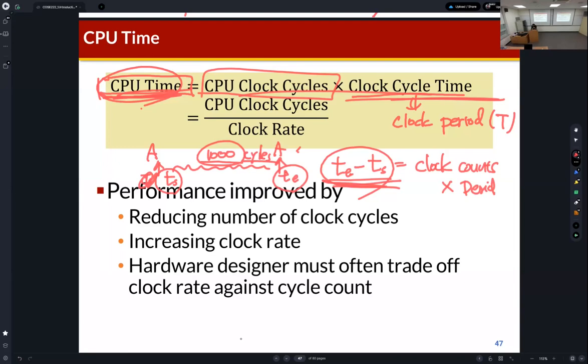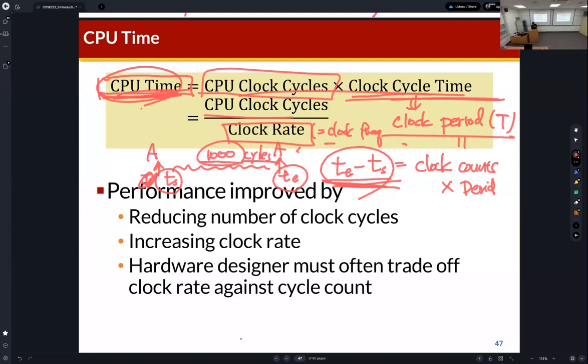The clock period is the inverse of the clock frequency, so it is equivalent to the clock count divided by the clock rate, which is the clock frequency.